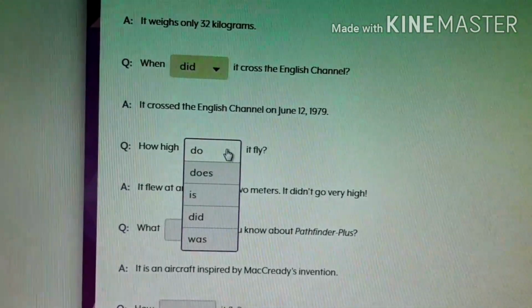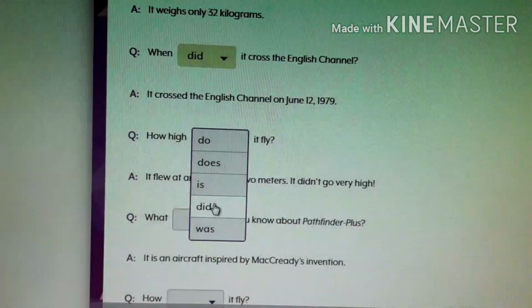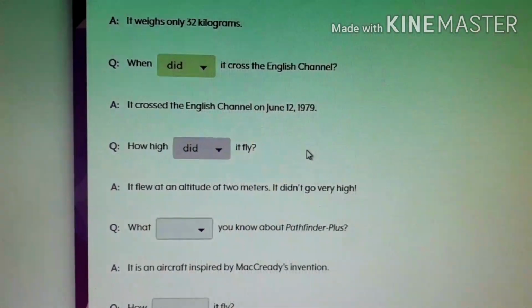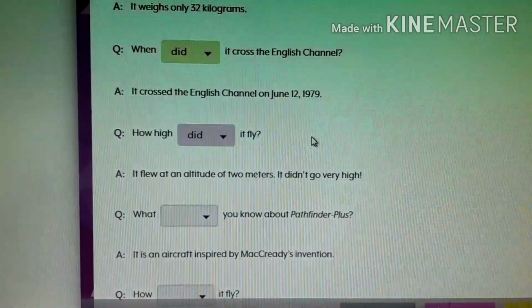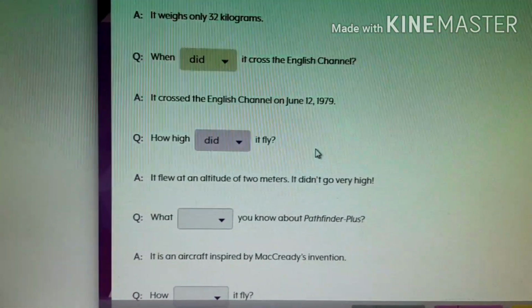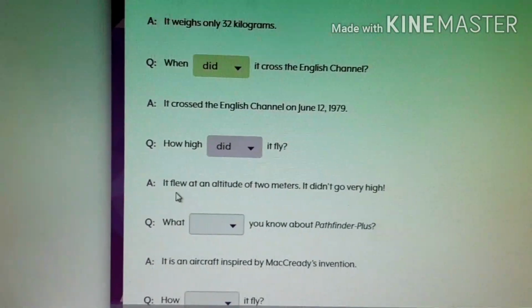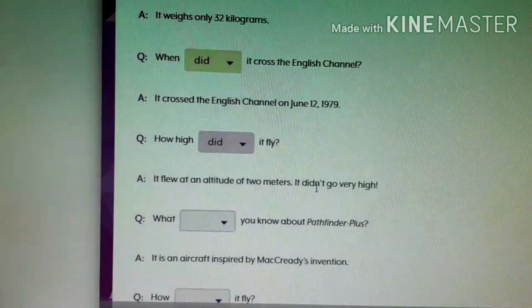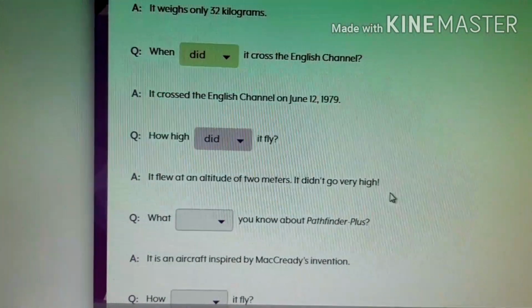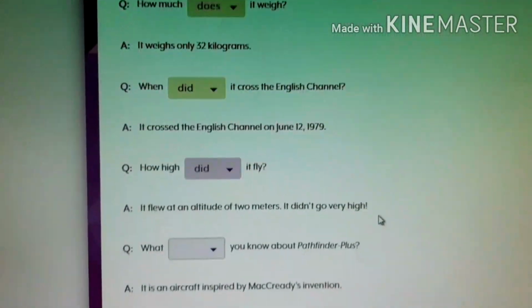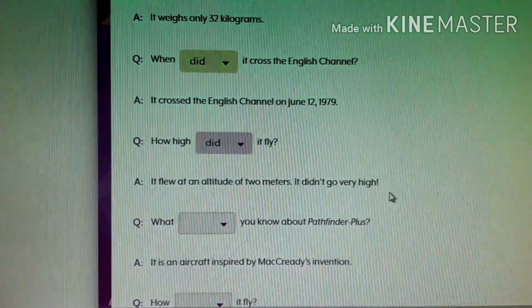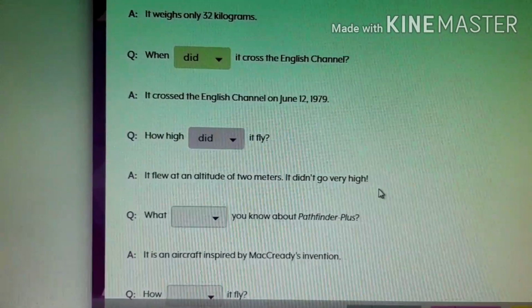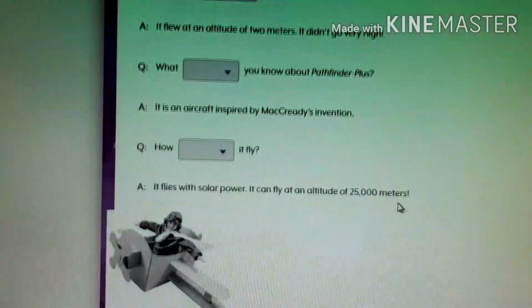Next. How high did it fly? ¿Qué tan alto volaba? It flew at an altitude of 2 meters. It didn't go very high. Okay, can you imagine this? This information is very interesting. Then we have the other.